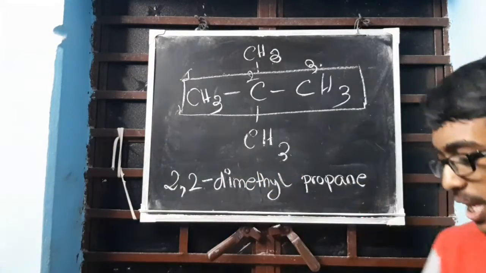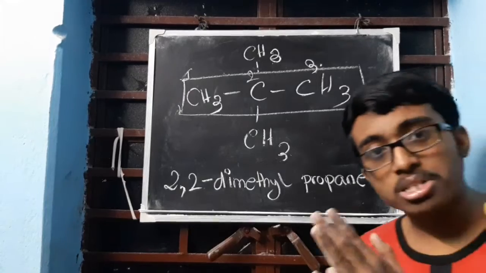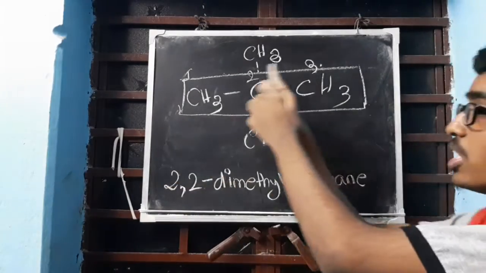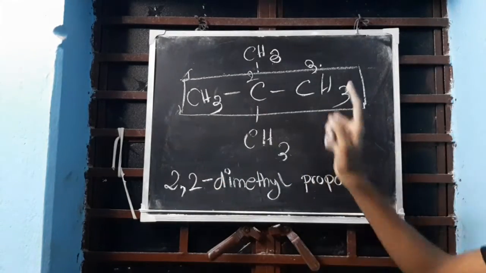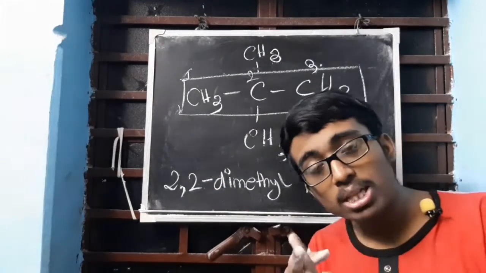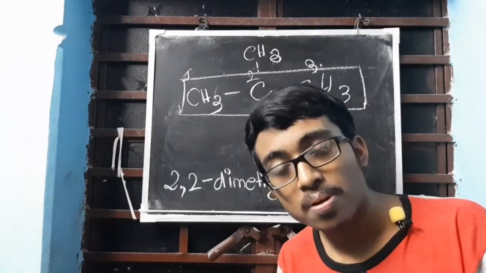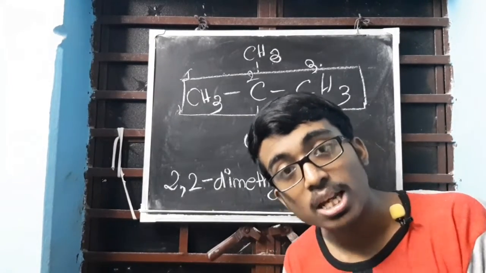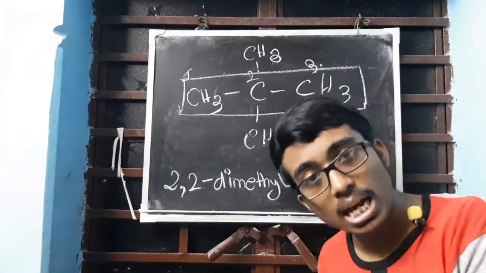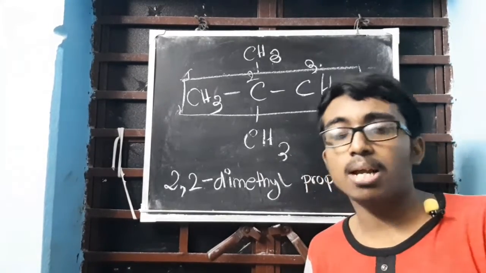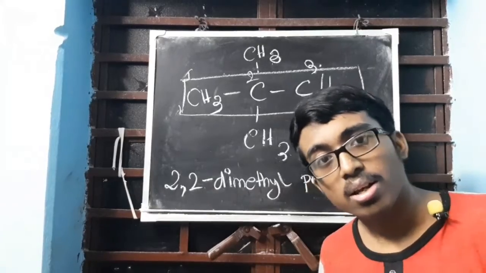Repeating, how did we get it? First step was that you have to identify the main chain. After identifying the main chain, you will have to number the carbons, seeing the substituents. If any functional group is present, that has to be included in the main chain, be it fewer carbons, but you have to include it. Clear?